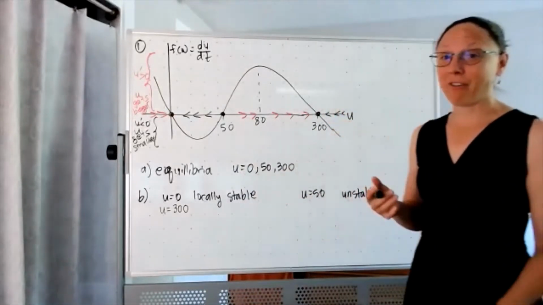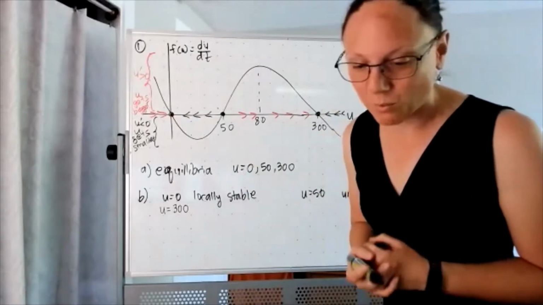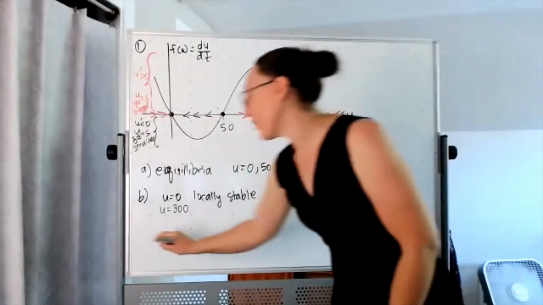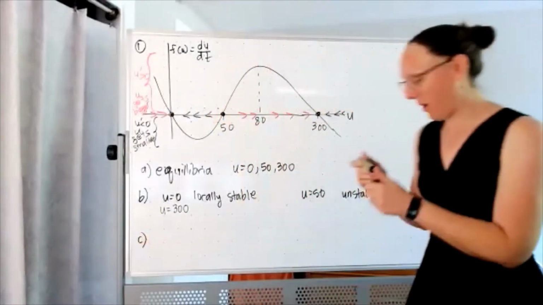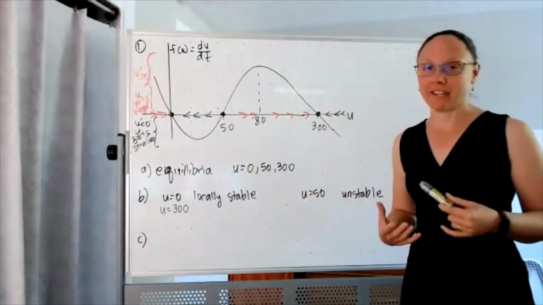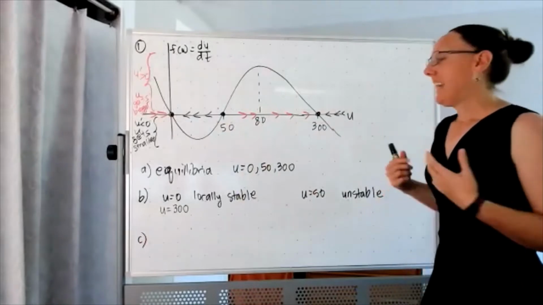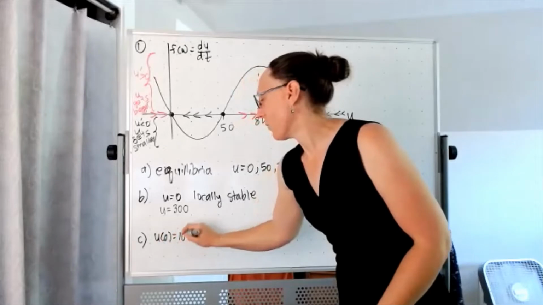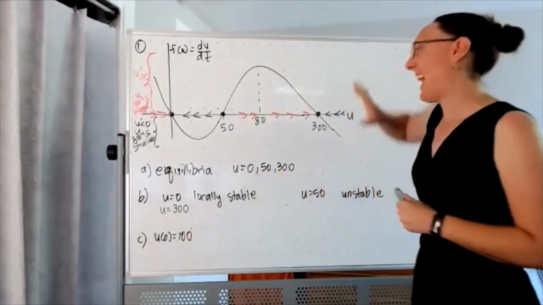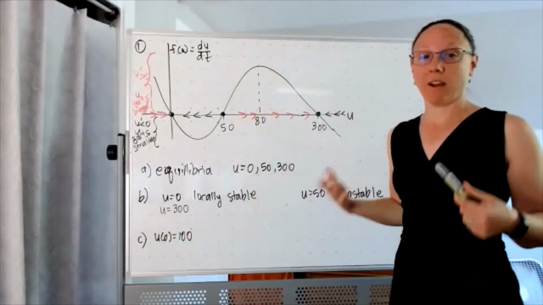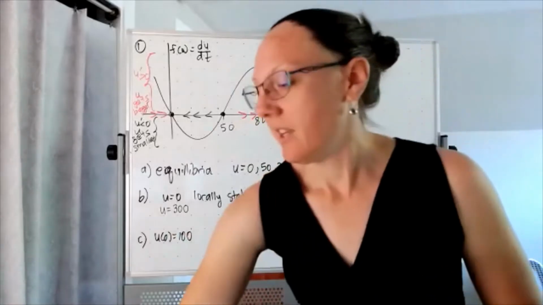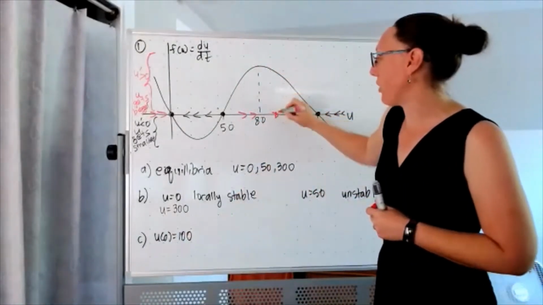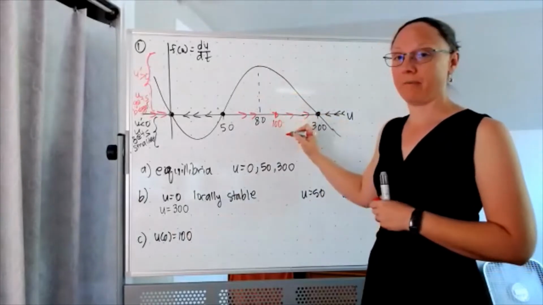Next up, if u initially equals 100, sketch a graph of u of t. Now this one's a little bit of a stretch, but we're going to use all of our skills here. If u of 0 is 100, this graph is going to tell us what happens to u. So I'm going to start here, there's 80, so I'm starting here at a u value of 100.